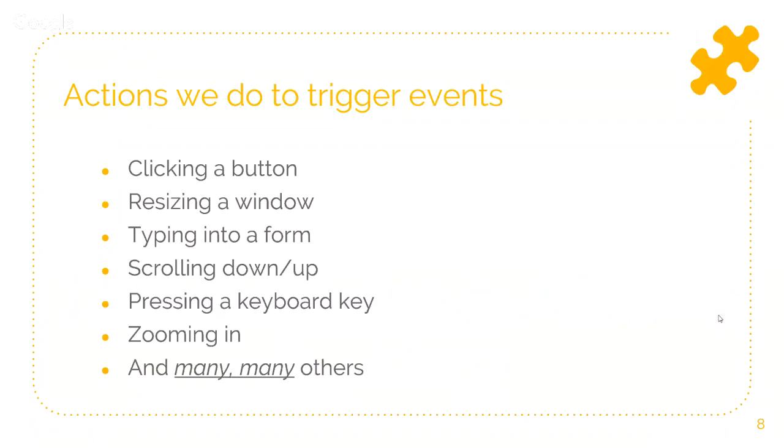Literally hundreds of events are flying around at any time on a web page, even if we're not doing anything special. So even if we're not typing, we're not, I don't know, playing some kind of video, hundreds of events actually, are flying around without our knowledge as users.